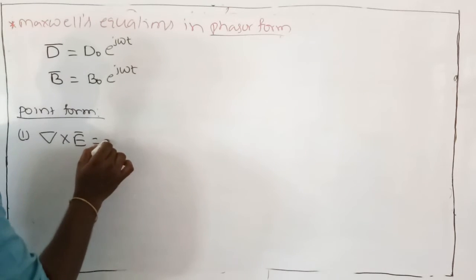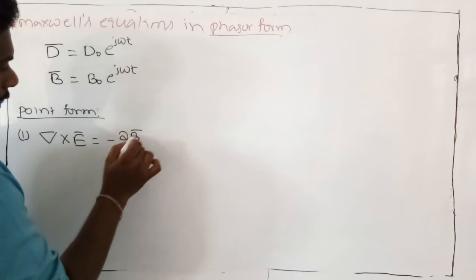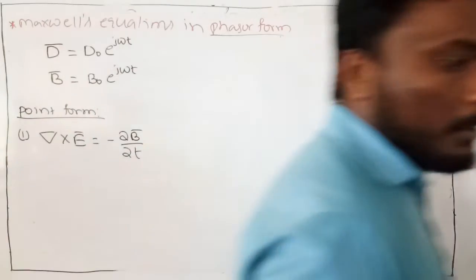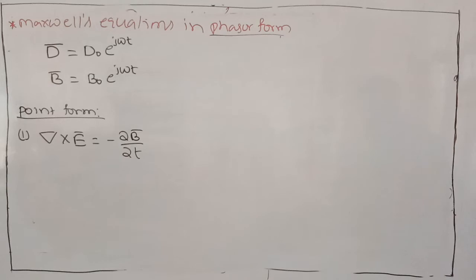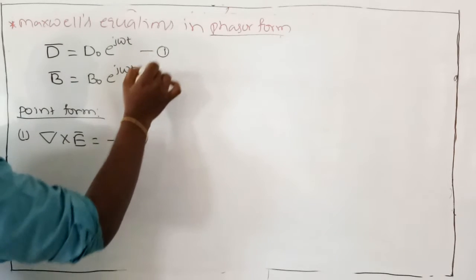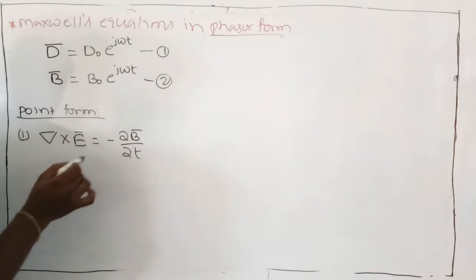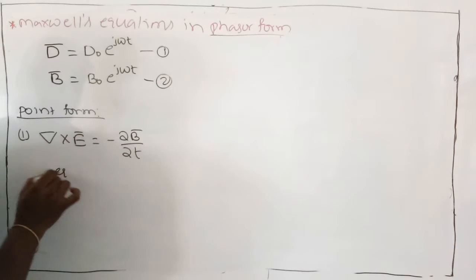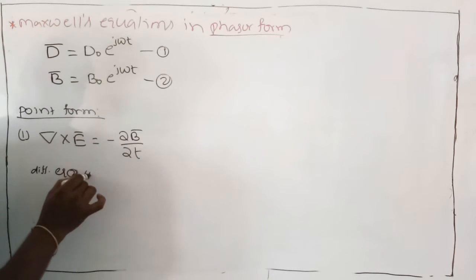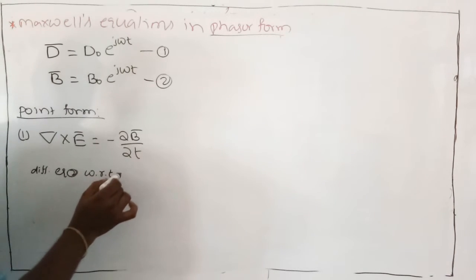So del cross E bar is equal to minus dou B bar by dou t. Okay. So now here I have a term dou B bar by dou t, but from equation 1 and equation 2, I need to differentiate equation 2 with respect to t.